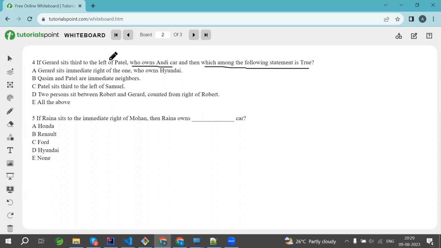So from this we came to know that Patel owns the Audi car, right?